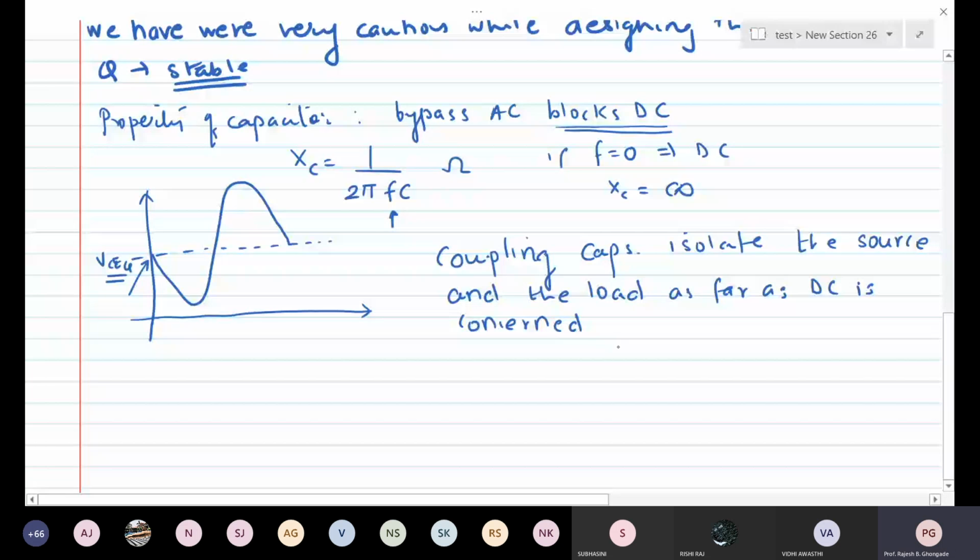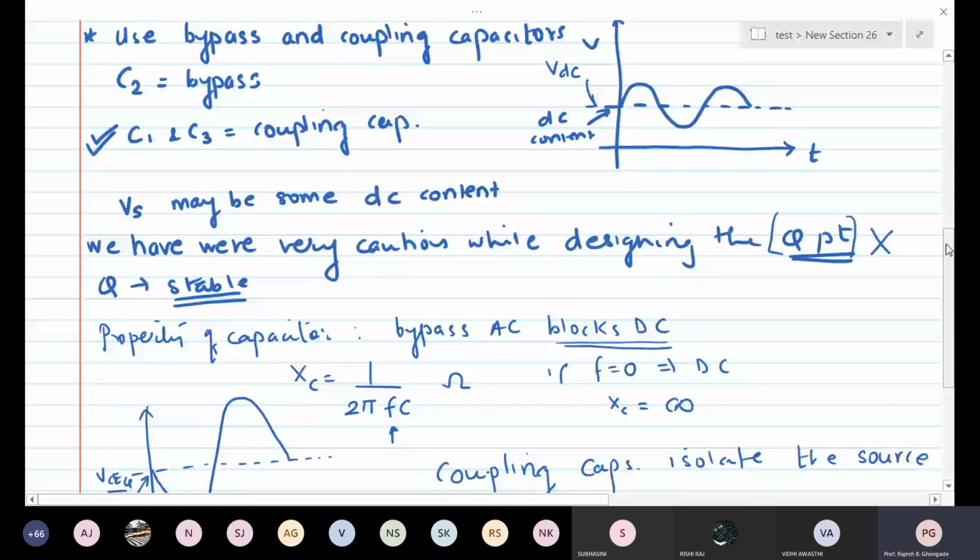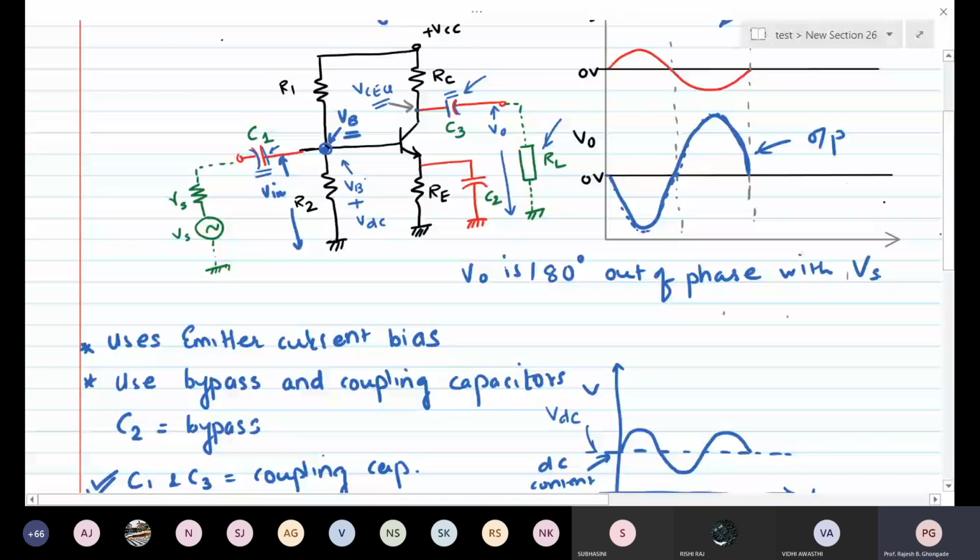Now another important thing is capacitor C2. Very, very important. What do you think this capacitor C2 does? Look at where it is connected. It is connected across RE. So for AC signals, this point will be ground.